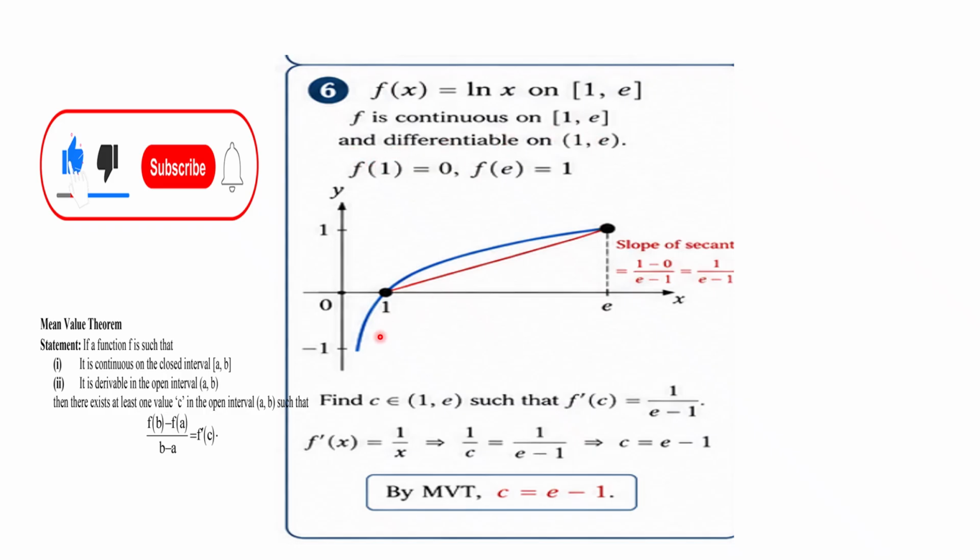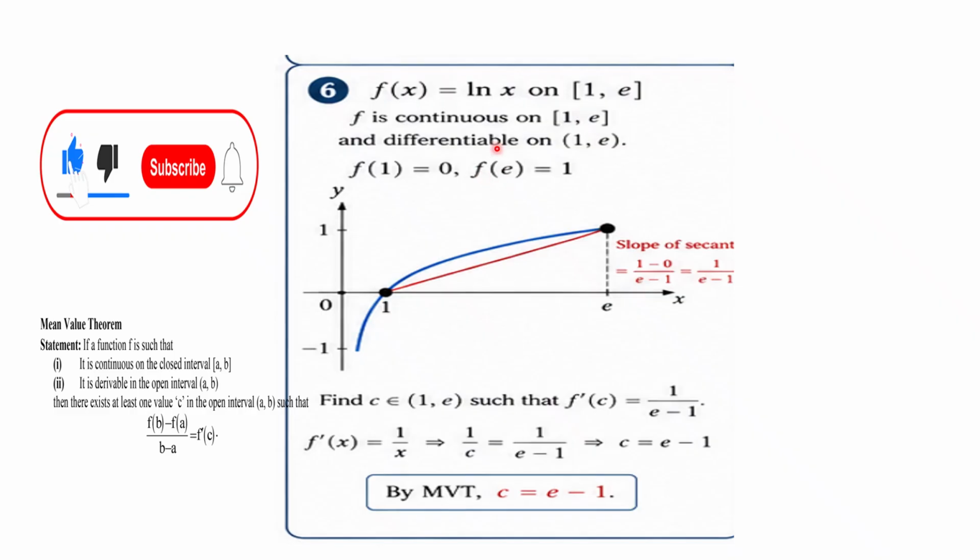And also in that interval it is smooth, we can draw the tangent, so it is differentiable. Now, according to the theorem, we require f of b minus f of a, which means f of e and f of 1, the values at this end point and this initial point.